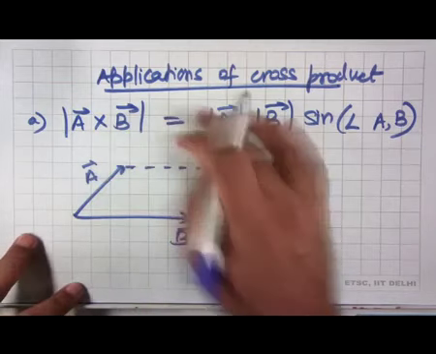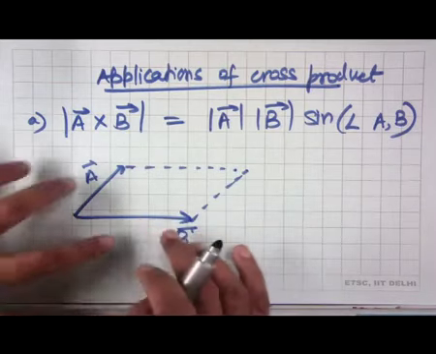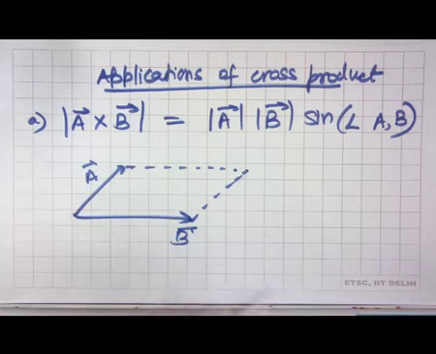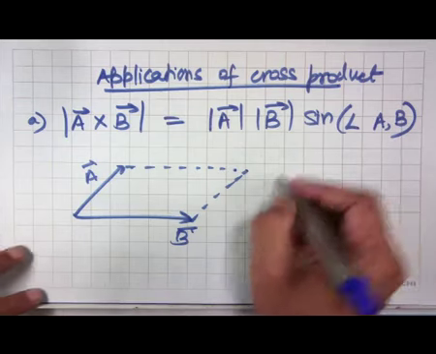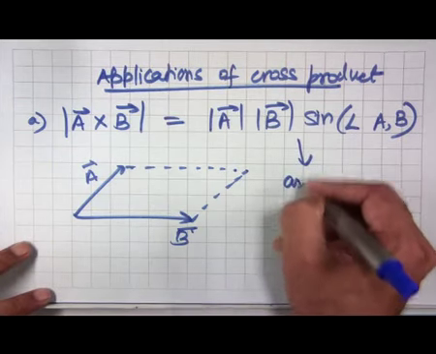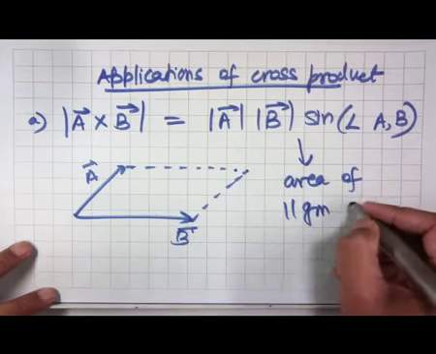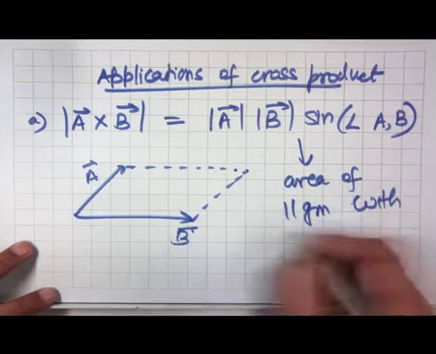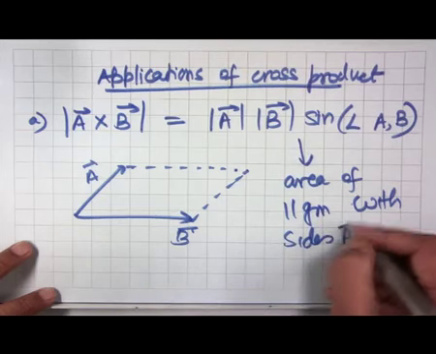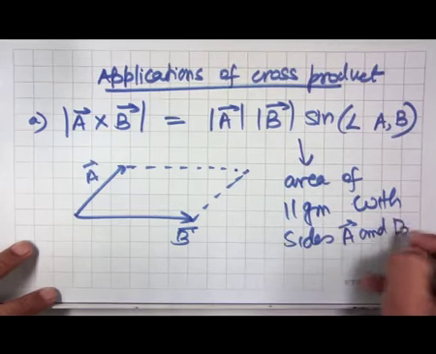The magnitude of A cross B gives us the area of the parallelogram with sides A and B.